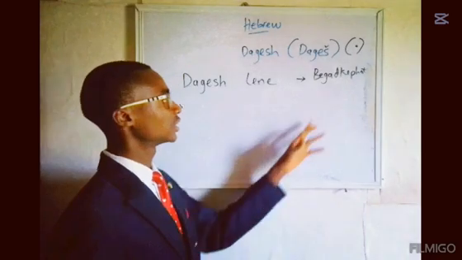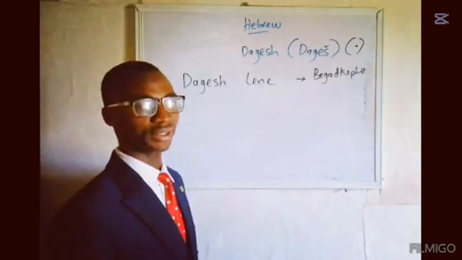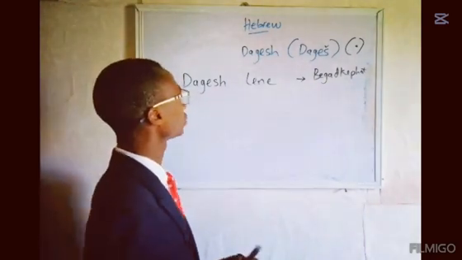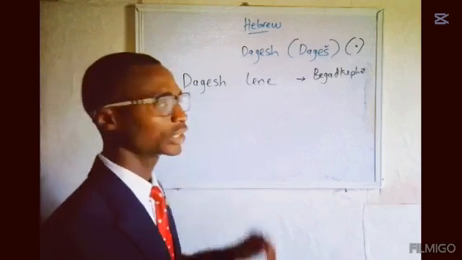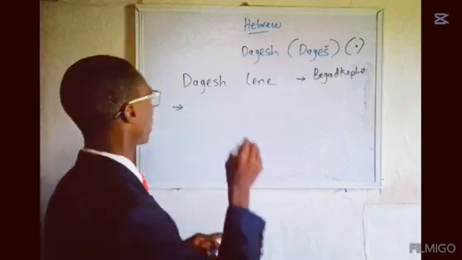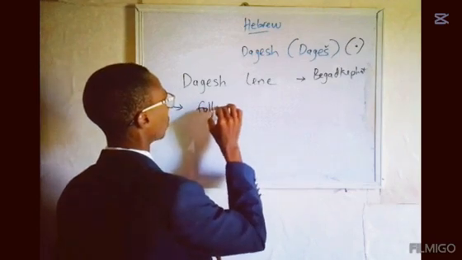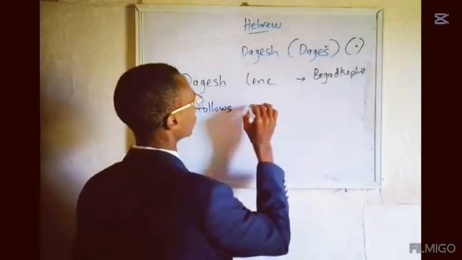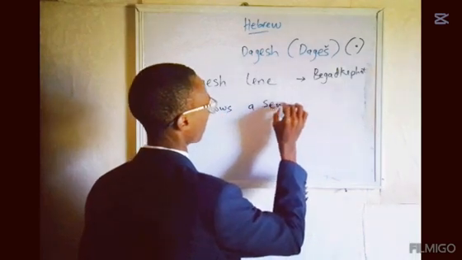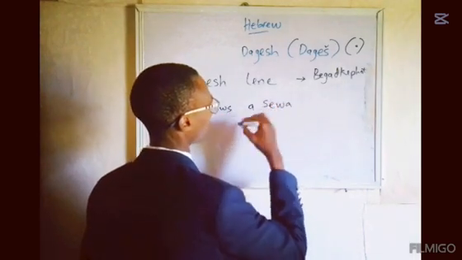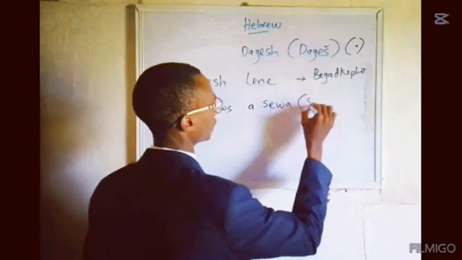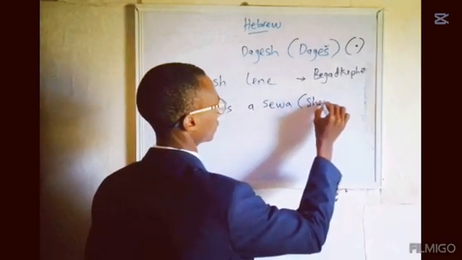They are only seen inside the Begadkefat letters. That's one. And also, Dagesh Lene is found in letters that follow a Sheva.